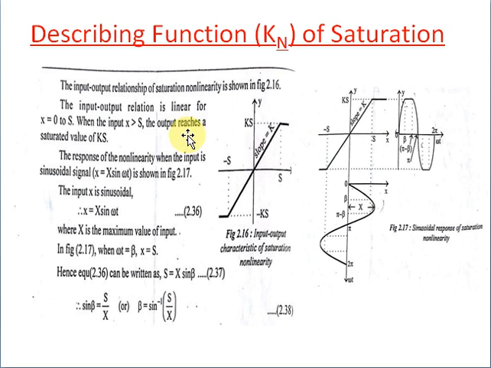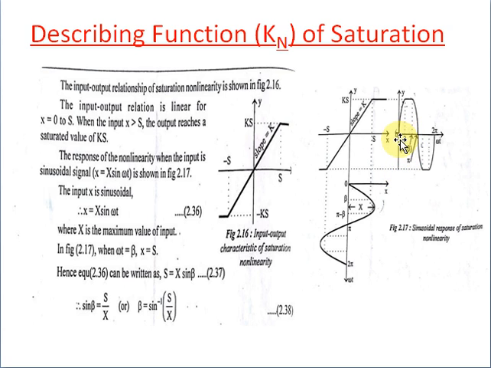Next, for explaining the describing function, consider the input signal to the nonlinearity is x equal to X sine omega t, where capital X is the maximum value of the input. This shows the sinusoidal response of saturation nonlinearity.